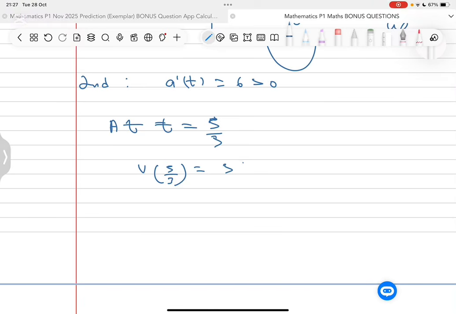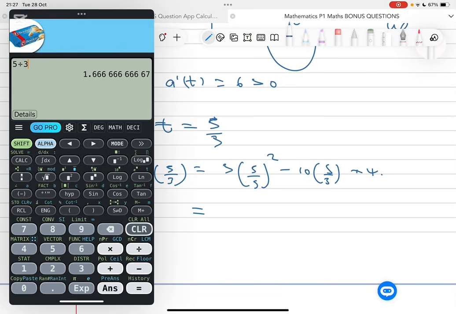Then we're going to have 3 times (5/3) squared, minus 10 times 5/3, plus 4. And we can just put this on our calculator.